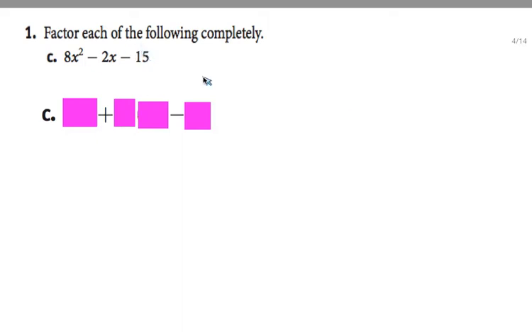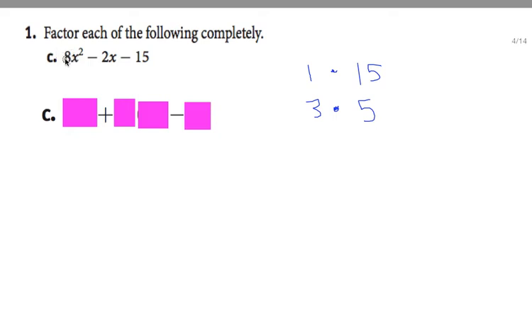Okay, so let's look at our number 15 and see what combinations will get us a 15. So if you had a 1 times 15, you get 15. If you had 3 times 5, you get 15. And that's it. Okay. Now, one of these numbers is going to be negative and one is going to be positive, but we're not sure which one.